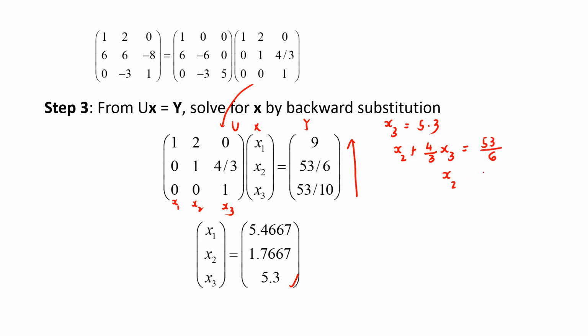So you want to find x2, which is 3 over 6 minus 4 over 3 x3. Calculate it there. And then from the first equation, we have x1 plus 2x2 equal to 9. So x1 will be 9 minus 2 x2.